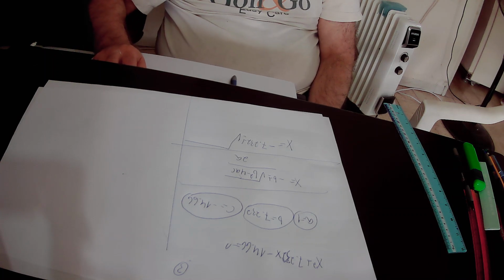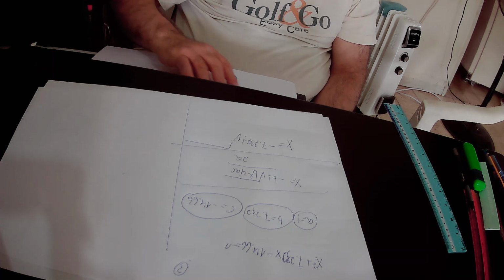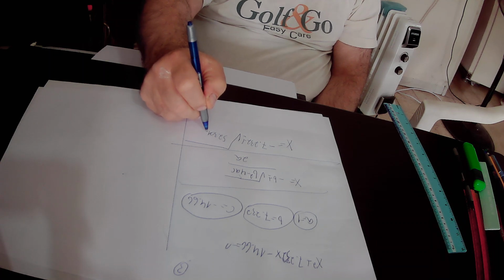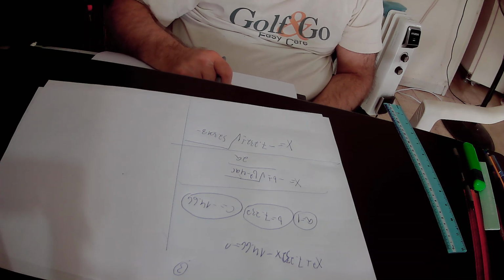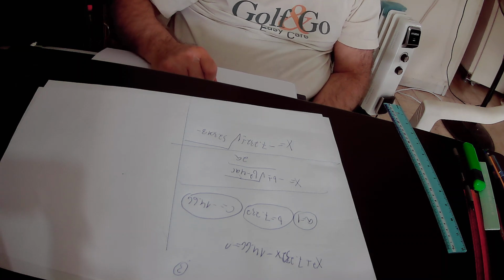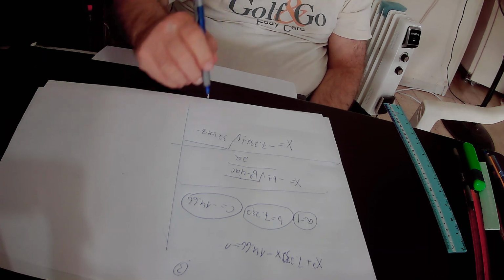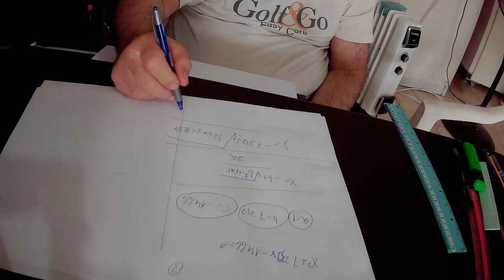B is 7.232, therefore b squared equals 52.3018, minus 4 times a, which is 1, times c, which is minus 14.66, so minus 4 times minus 14.66 is plus 58.64, divided by 2a. A is 1, so 2a is 2 times 1, that is 2.